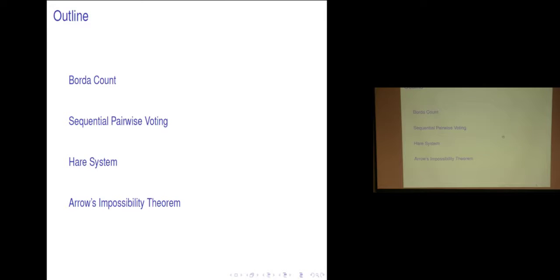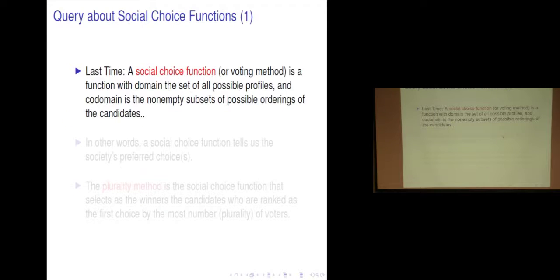Okay, so let me begin with answering a query. At the same time, this will refresh our memory, so we'll see where we stopped last time. Last time I defined a social choice function, or a voting method. It is a function with domain the set of all possible profiles.